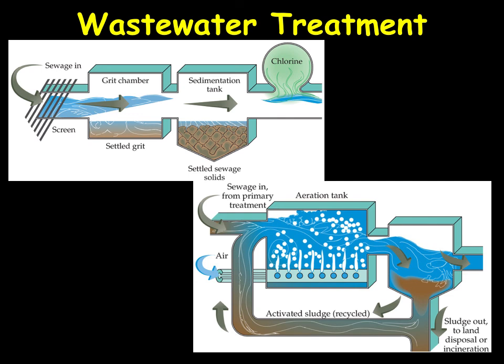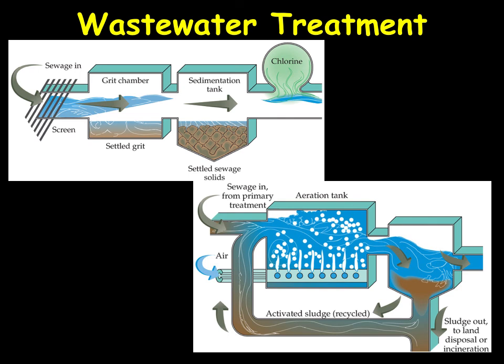This is a slide looking at wastewater treatment. It's in general pretty similar to the water treatment that I showed before. Before wastewater can be returned to the environment, it has to have the contaminants removed. Primary sewage treatment involves holding the sewage in settling ponds to allow the heavier solids to precipitate out so they fall to the bottom as something called sludge.